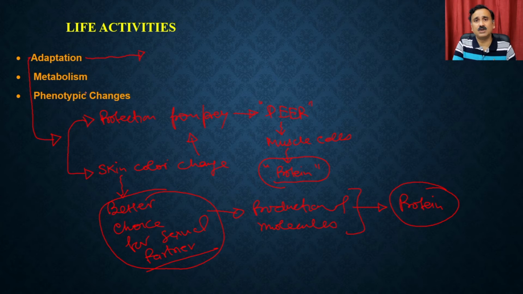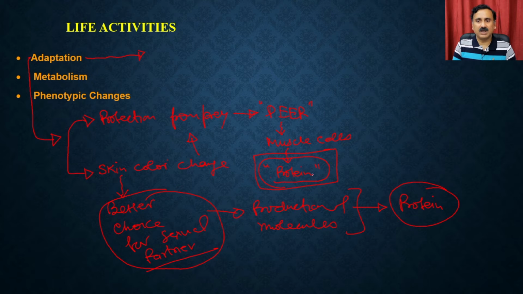So eventually what you see here is that whether we are going with the basic activities like sexual reproduction or running its own metabolism, or whether we are going with the specific activities where you require adaptations or phenotypic changes, the end comes when you are going to produce the different types of proteins.